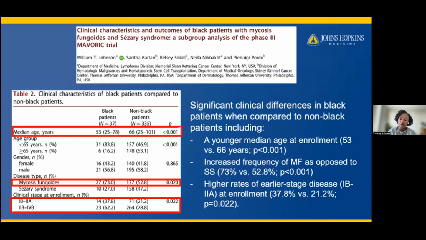They usually had a younger age when they were enrolled, they had increased frequency of mycosis fungoides as compared to Sézary syndrome, and they had a higher rate of earlier stage disease.